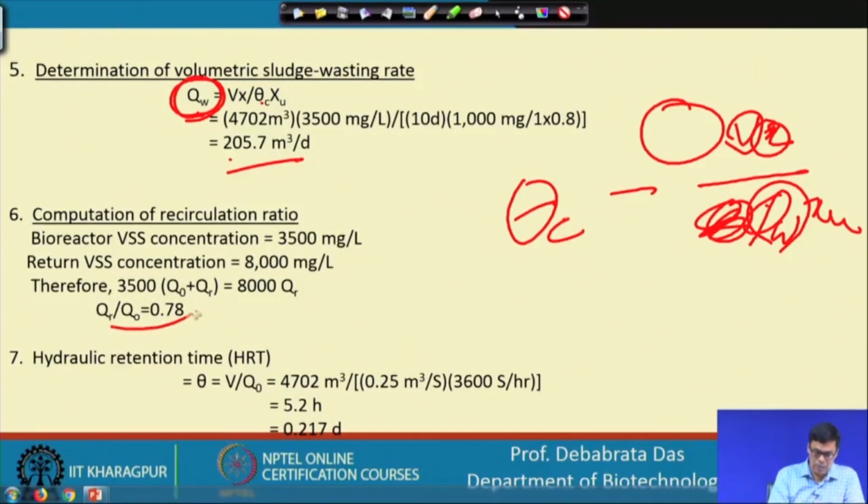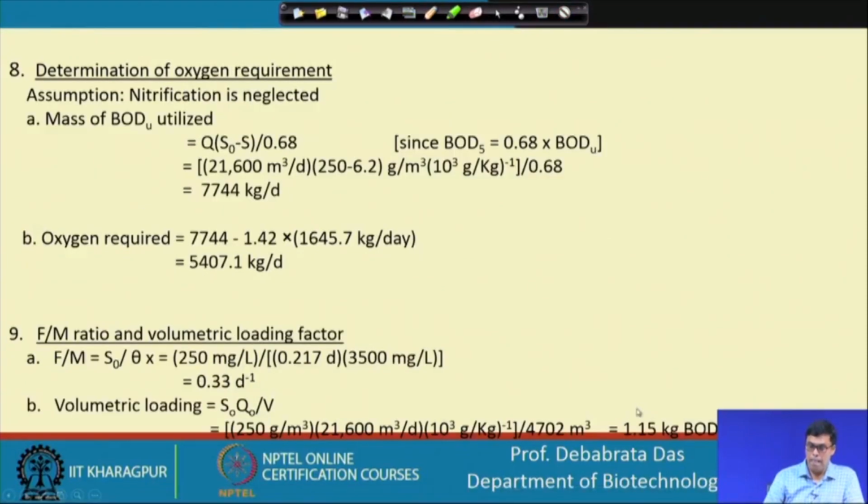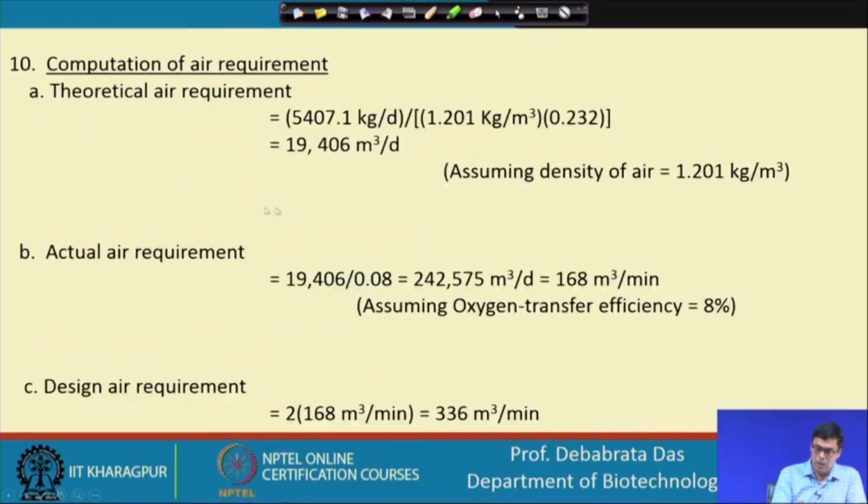Similarly, we can find the recycle ratio, QR by Q0, and the hydraulic retention time, V by Q0. Then, the most important thing is that we shall have to find out how much oxygen is required. How can you find out the oxygen required? First you find out how much substrate has been utilized.